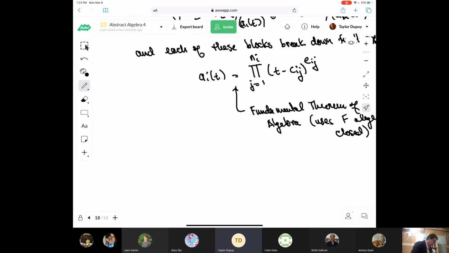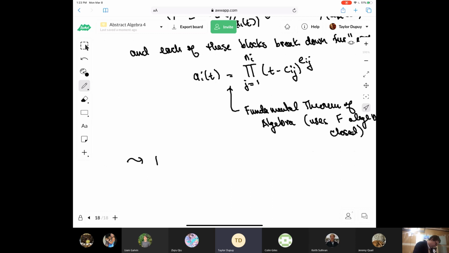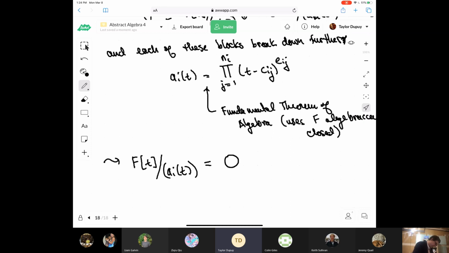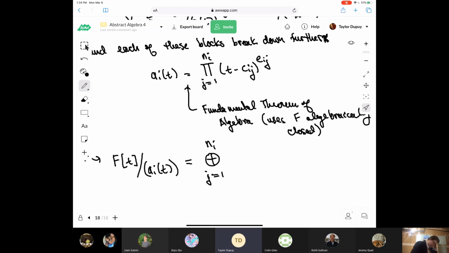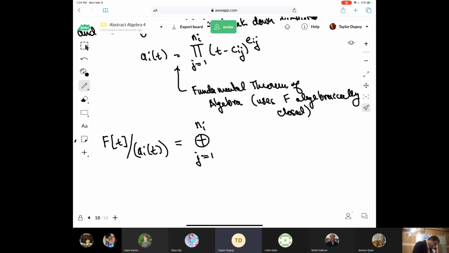Okay, and so what does this mean? It means that each of the factors here, F[T] mod Ai(T), breaks down into a direct sum over j equals 1 up to n_i of F[T] modulo (T minus c_ij) to the e_ij.